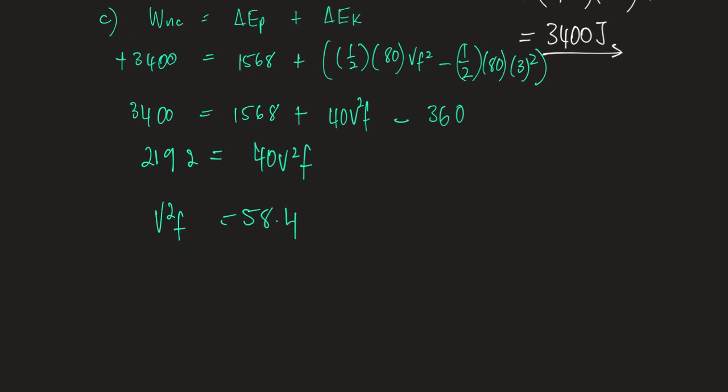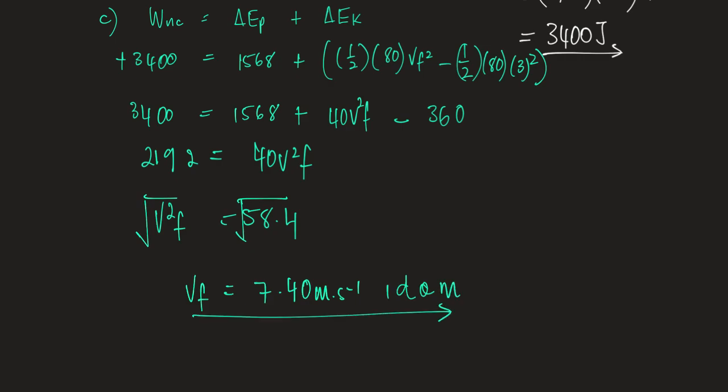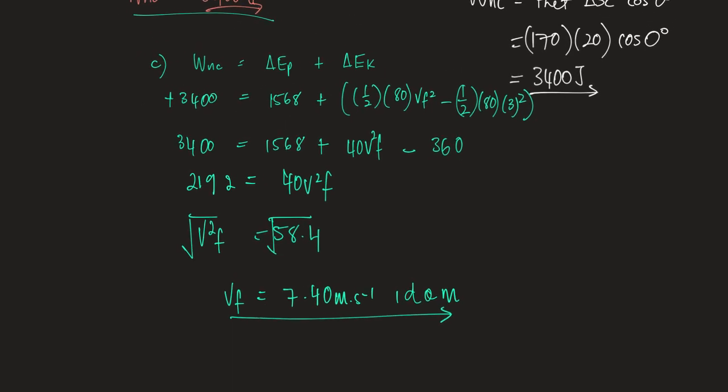Then I need to square root both sides, and I'm left with V final is equal to 7.40 meters per second in the direction of motion. And there's my final answer.